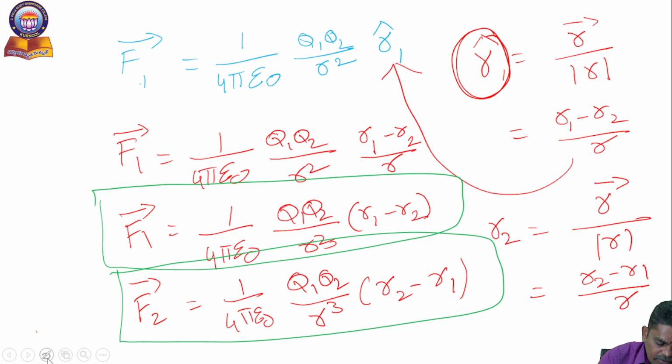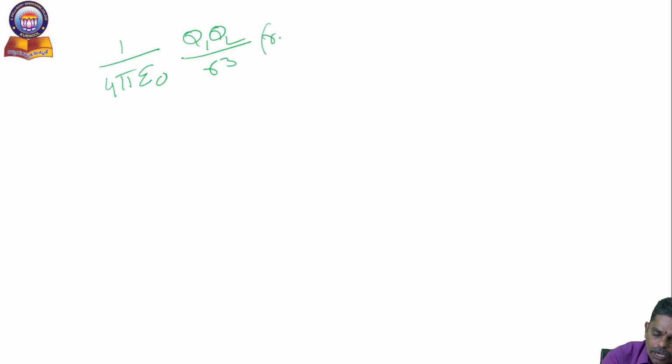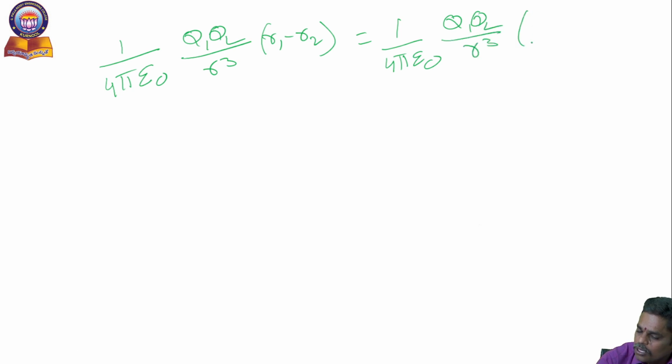Now we are equating these two. Then 1 by 4 pi epsilon naught Q1 Q2 by R cube R1 minus R2 is equal to 1 by 4 pi epsilon naught Q1 Q2 by R cube R2 minus R1. So the proportionality constant cancelled, the charge product cancelled, R cube cancelled.